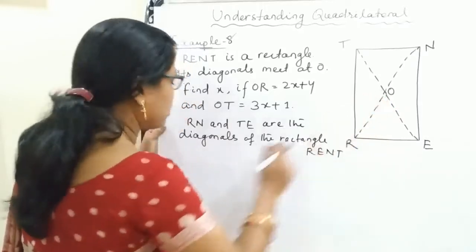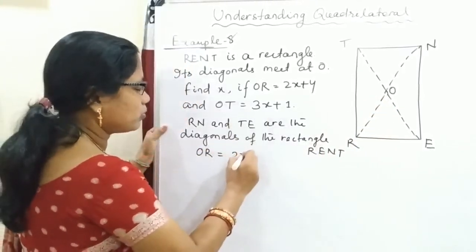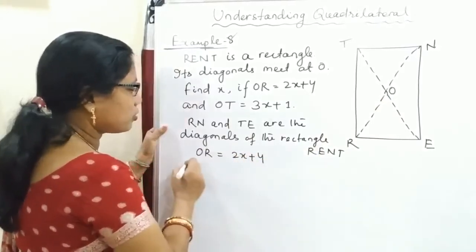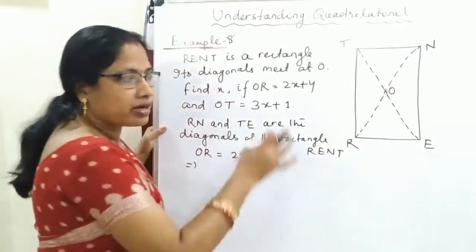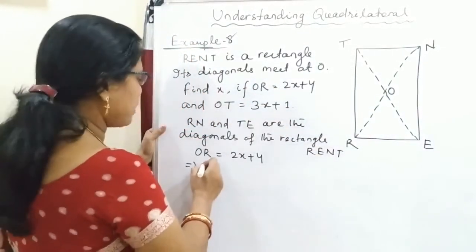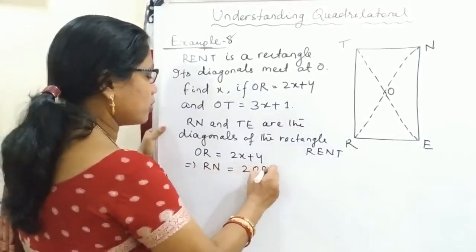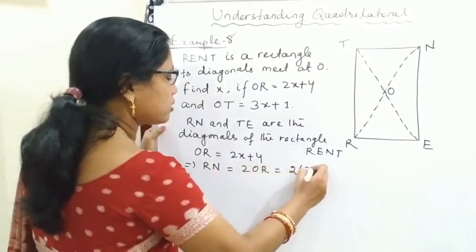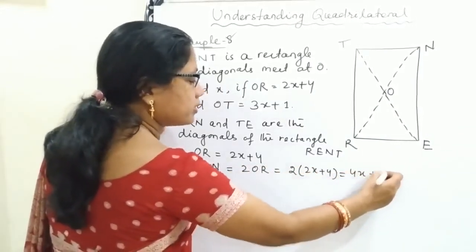OR is given. So OR is equal to 2x plus 4. OR is half of NR, as the diagonals of a rectangle also bisect each other. So this implies RN is equal to 2OR. This is equal to twice of 2x plus 4, which is 4x plus 8.